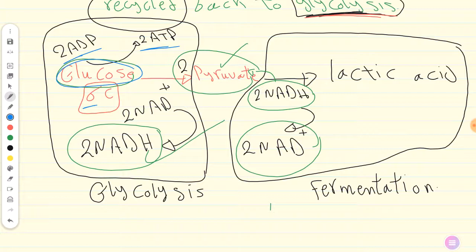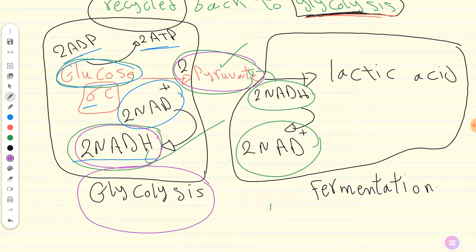As a result of splitting glucose, the electrons must be carried by NAD, and when NAD carries electrons, it becomes NADH. Pay attention, please. As a result of glycolysis of 1 molecule of glucose, 2 NADH and 2 pyruvate are produced. This process is called glycolysis.